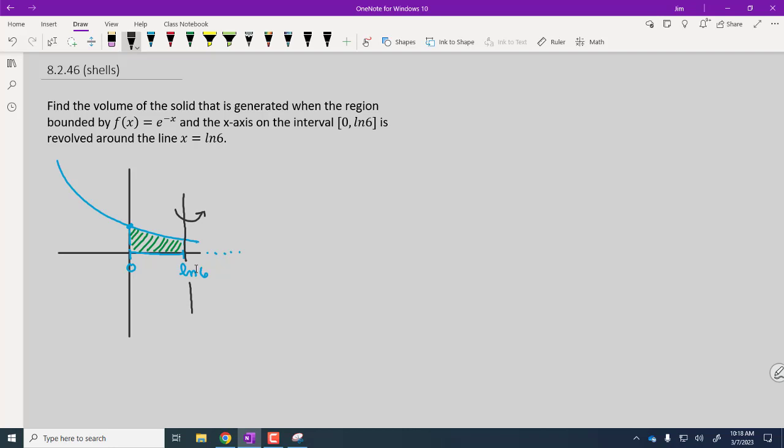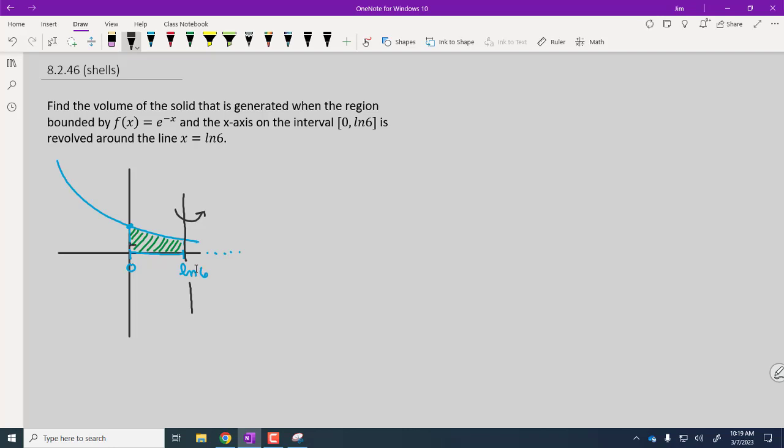And it says to use the shell method. Is it obvious that we would not want to use a disk method here? If we were going to use a disk method, the element would have to be perpendicular to the axis of rotation, and we don't have a unique right boundary.